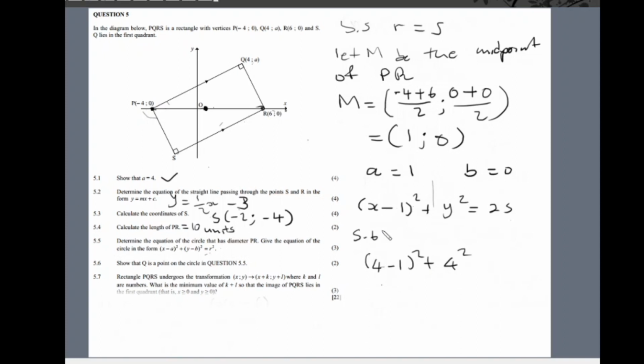If I punch this in my calculator straight away, I have (4 minus 1) squared plus 4 squared. I get 25. Therefore the left hand side is equal to the right hand side, so we can conclude that Q is on the circle.